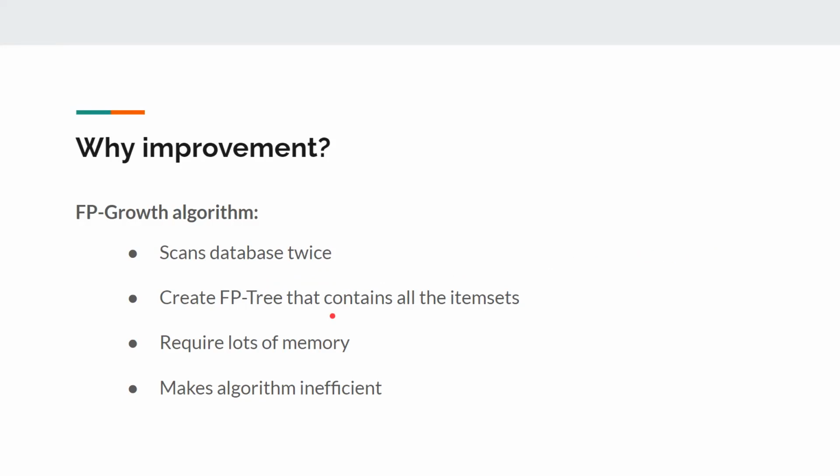Also, to create the FP tree, all item sets are required, so the FP tree should contain all of the item sets in the database. Then if the frequent item sets in the database are too many, it also requires a lot of memory to store the items. And with all this, the algorithm becomes inefficient.